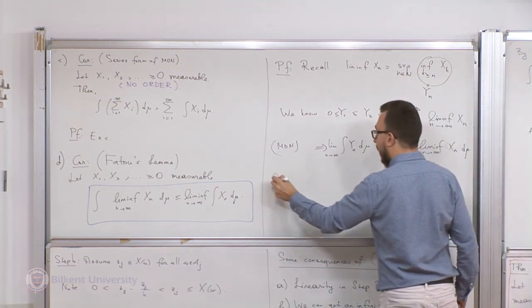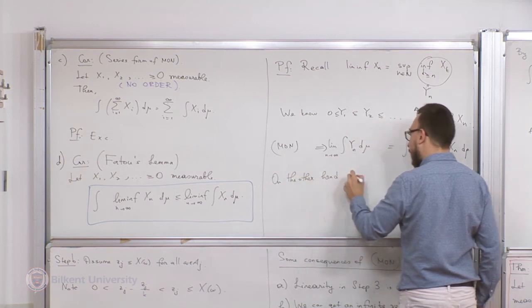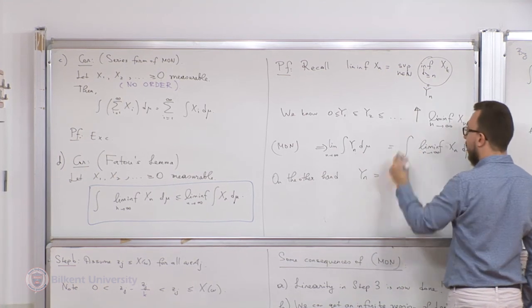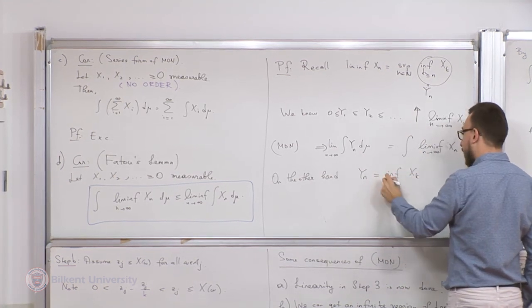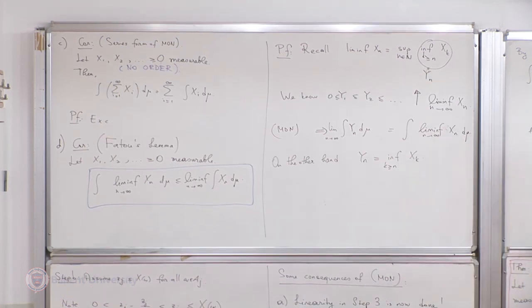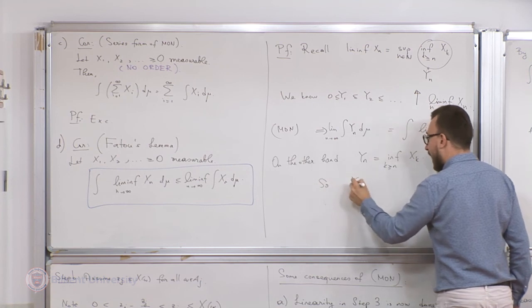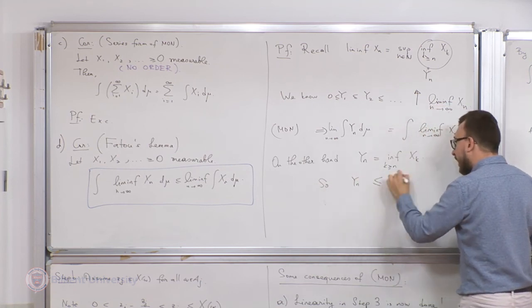On the other hand, yn is just the inf of xk's after index n. So yn is smaller than each of them.